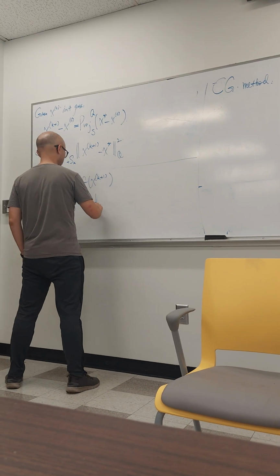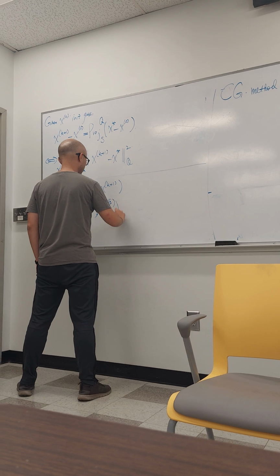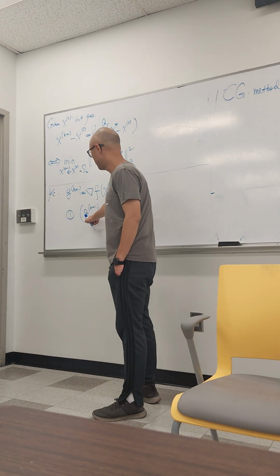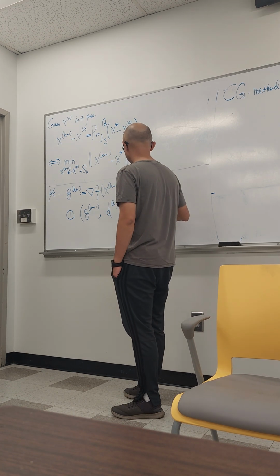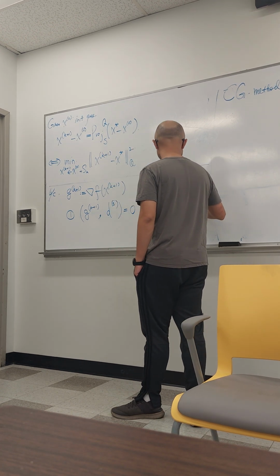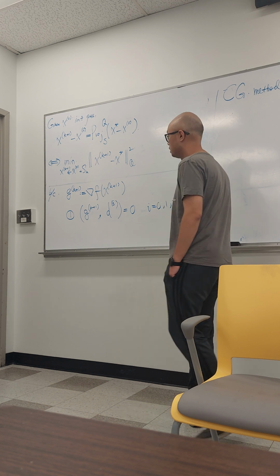If we have this, then we have two: the gradient is orthogonal in the regular L2 norm for i equal to 0, 1, 2, up till k.